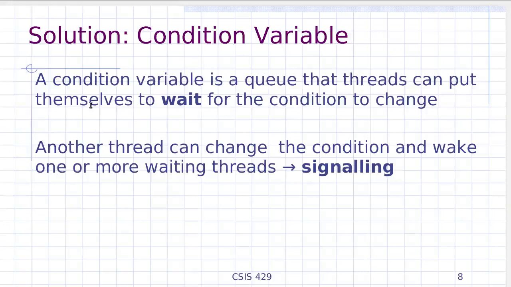The condition variable is essentially a change in a condition, and along with that condition, you want a variable that has a queue where threads can put themselves to wait for that condition to change. So not only do you have that done variable, but you also have a queue that threads can wait in.